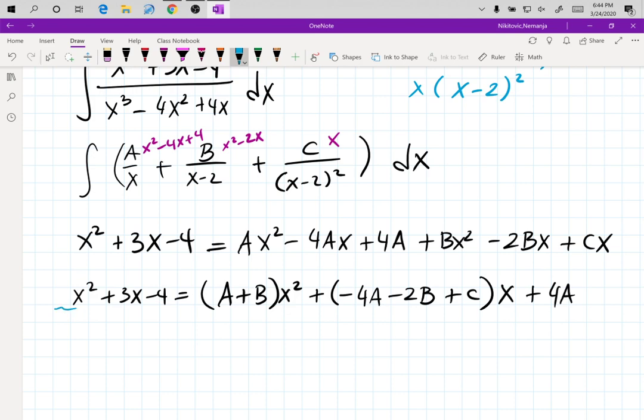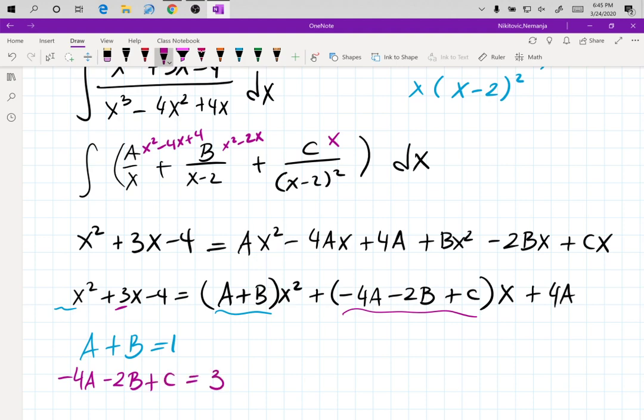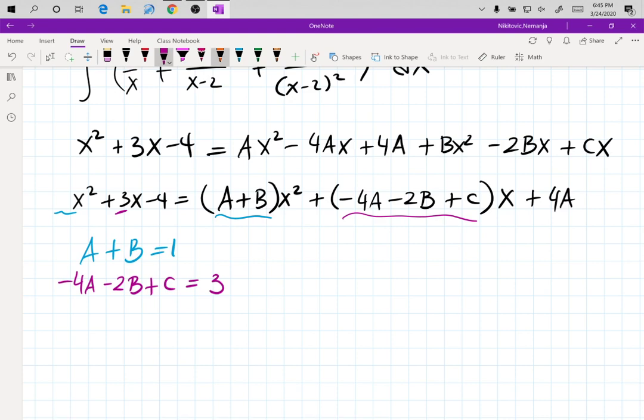Below is a plus b equals 1. Purple, negative 4a minus 2b plus c equals 3. And finally, orange, 4a equals negative 4. Great.